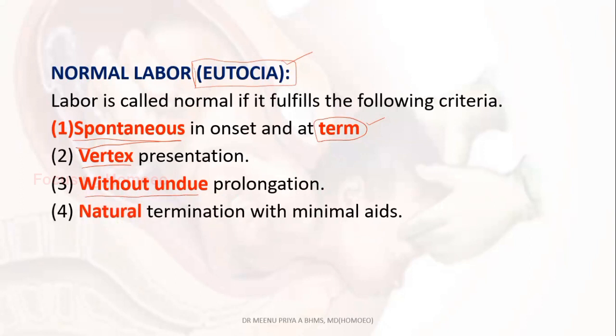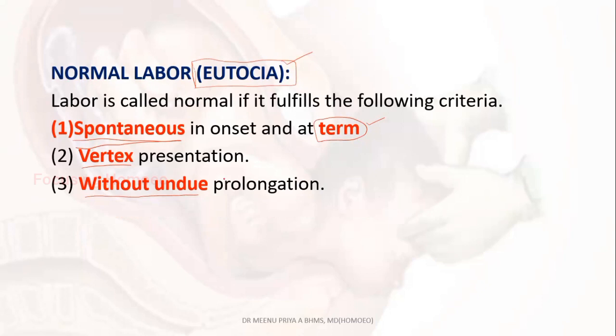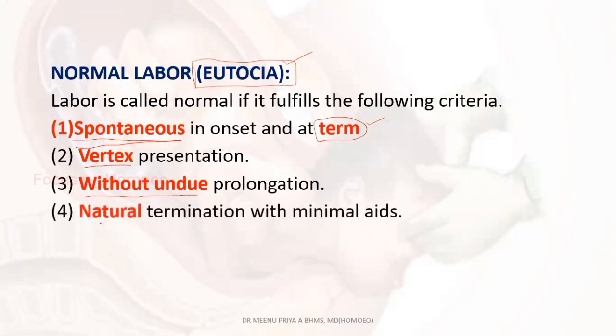Conditions are very secure or very proper for the delivery, the expulsion of the fetus. Then there will be no undue prolongation. It will be on time. Next, it is natural. You don't have to give artificial expulsion of the fetus. So it is natural termination with minimal aid.